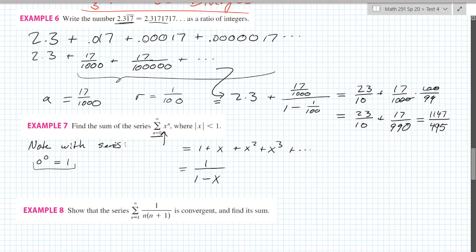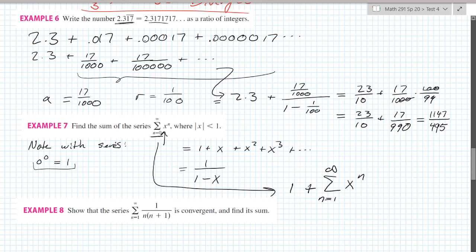You could have done this the same way if we had taken the 0 term and done 1, the 0 term, plus the sum from 1 to infinity of x to the n. Now here, what do we want?